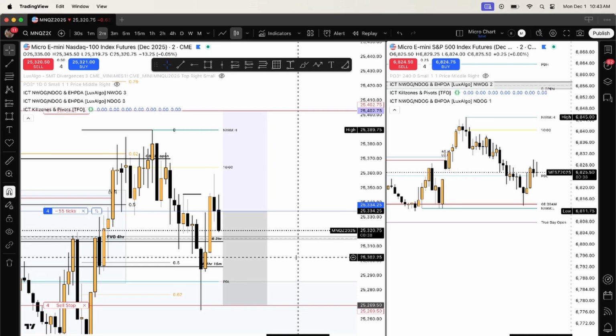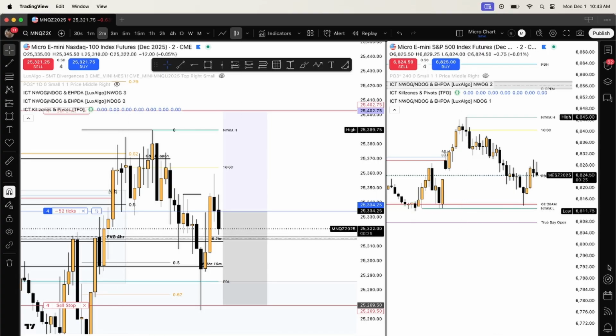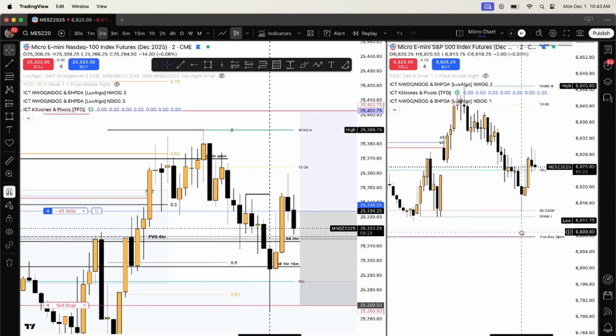We could end up getting stopped here if price wants to continue its way bearish. I mean, there are equal lows on ES, which is really getting to me because that is definitely a draw.